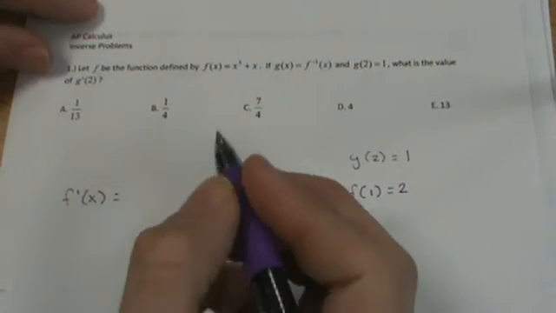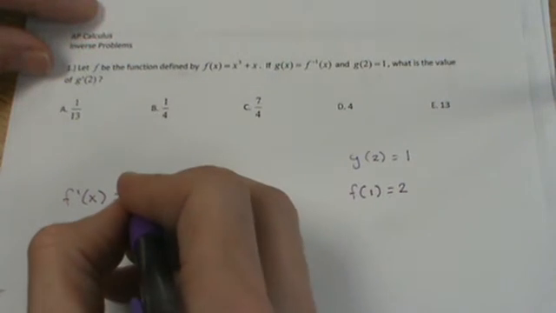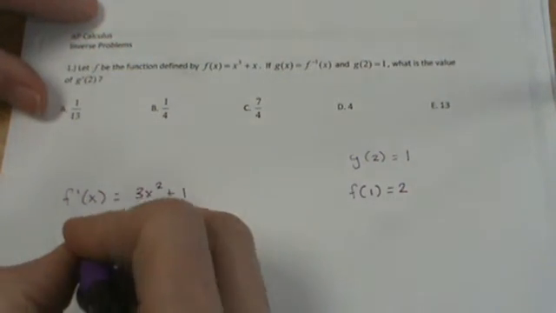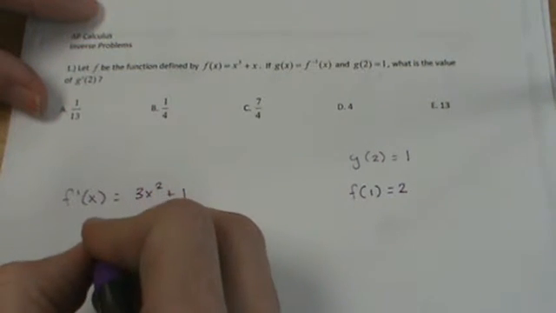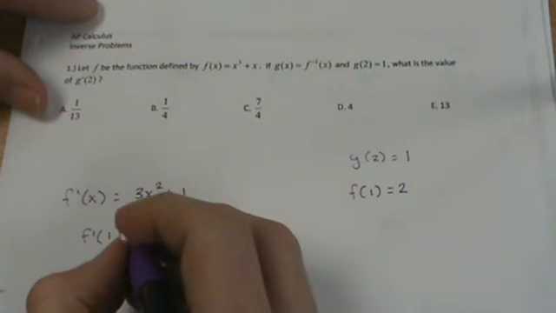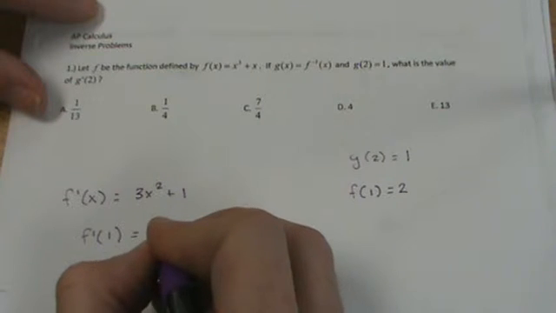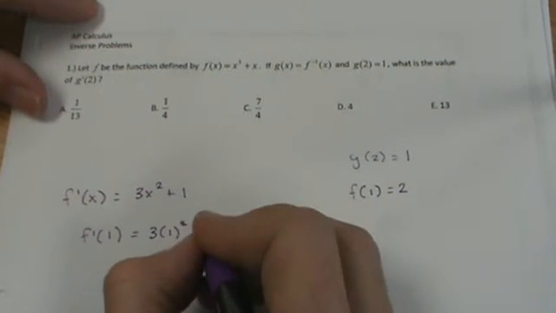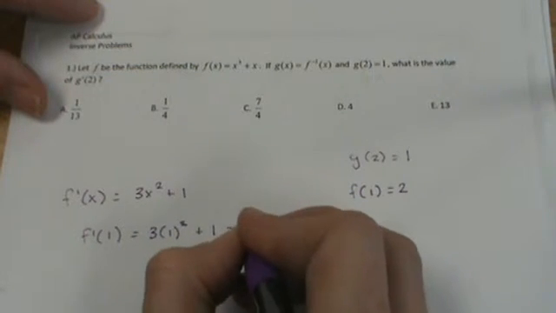Okay, well, the derivative of f of x we can find from the function. That'd be 3x squared plus 1. So the derivative of f at x equals 1 would be 3 times 1 squared plus 1, which gives us 4.